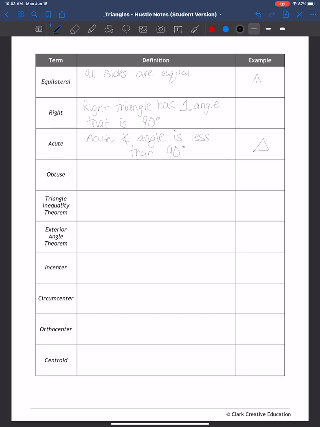And obtuse is when an angle is greater than 90 degrees. So it would be this angle and that angle.